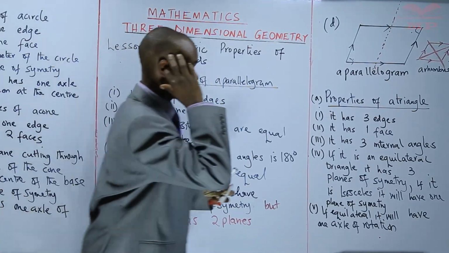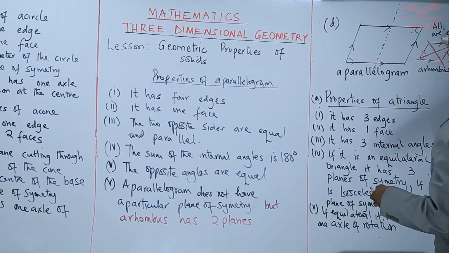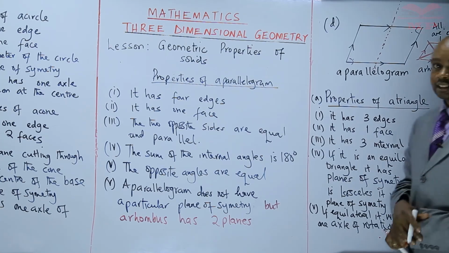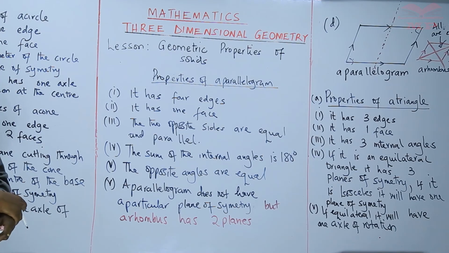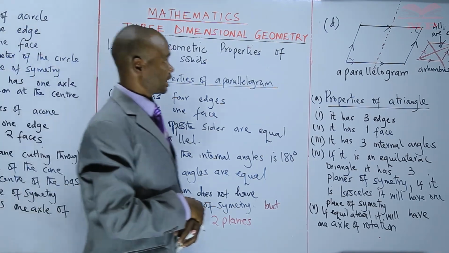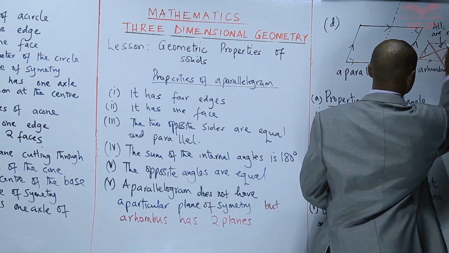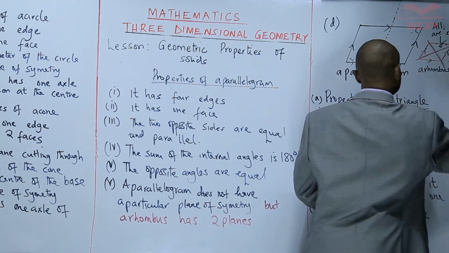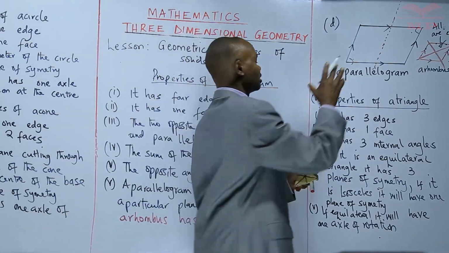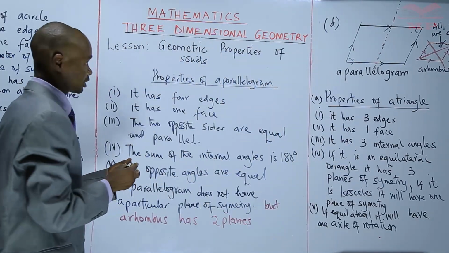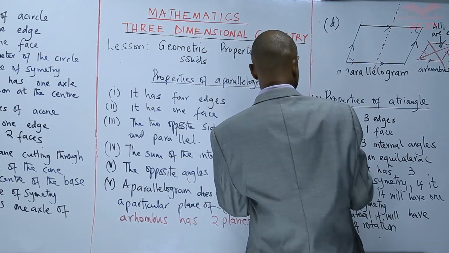Note that for a rhombus, all the sides are equal. So a point here is the exact point there. So the plane of symmetry is like a mirror. But that's difficult to happen for a parallelogram. So those are the properties for those given figures or solids.